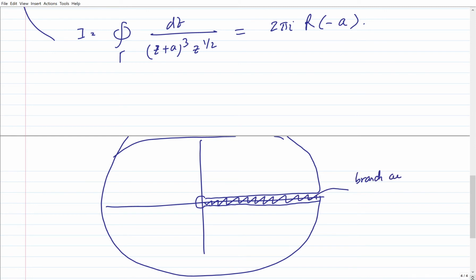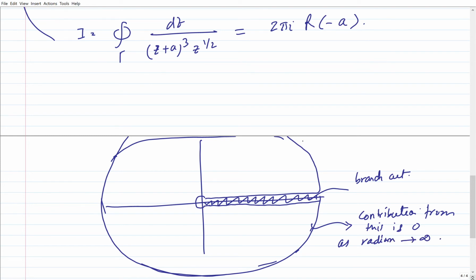And as we have already argued in a few examples earlier, the contribution from this curved gigantic radius is 0 as the radius goes to infinity.